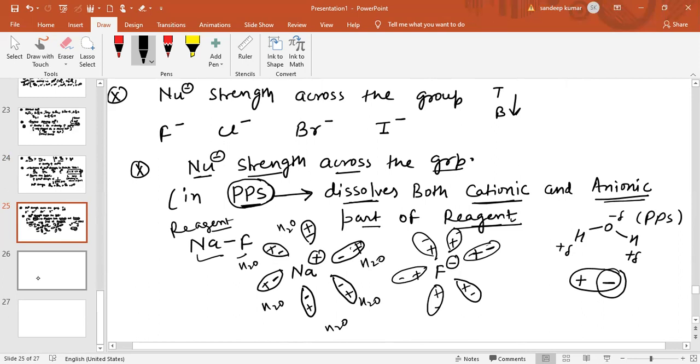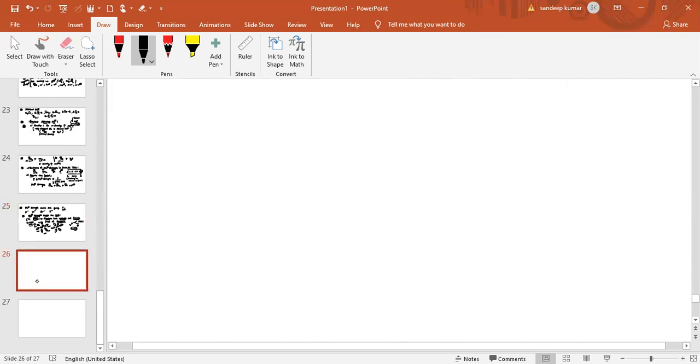Now see the result of this. When water is surrounding the cation and anion, we call this hydration.